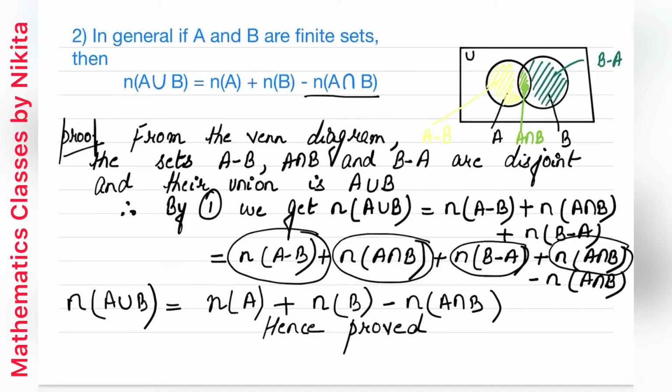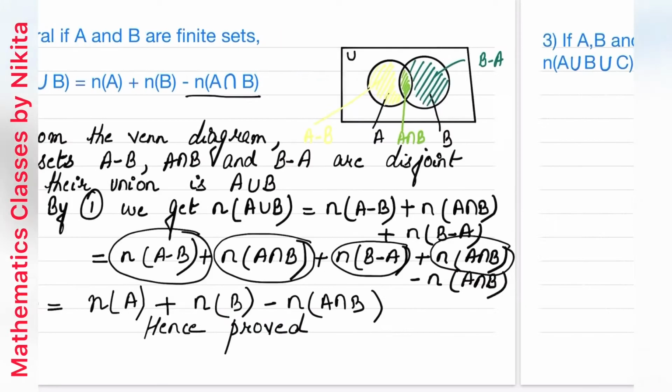You have added the number of elements in A plus the number of elements in B. So this common portion has been added twice. So we will remove it once, because whenever we write this set A union B, I have told you that the repeated elements have to be written only one time, exactly once.